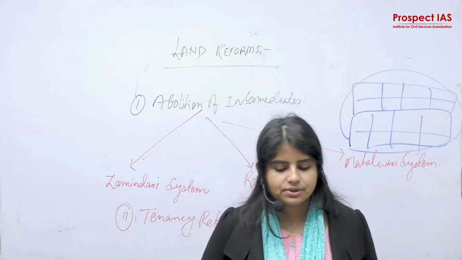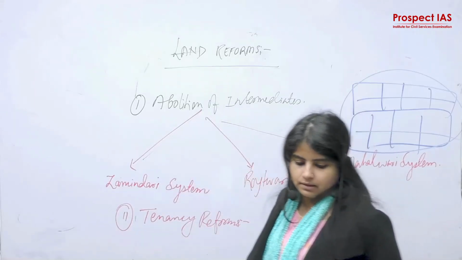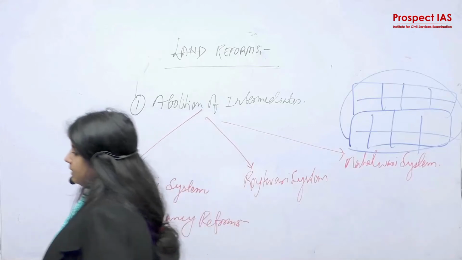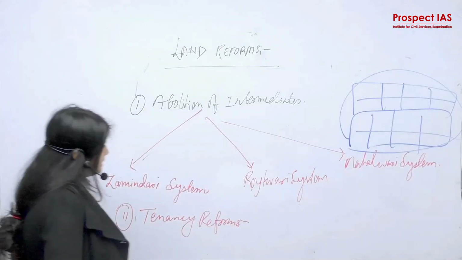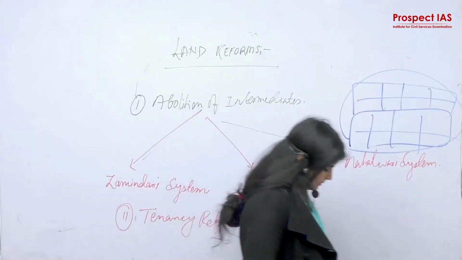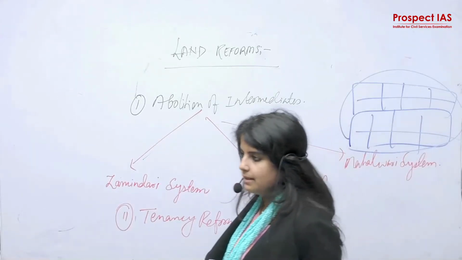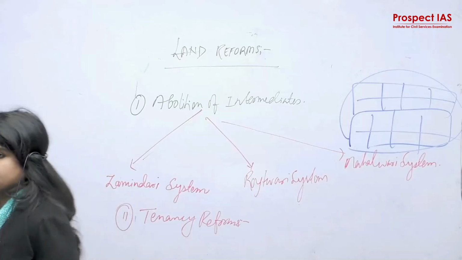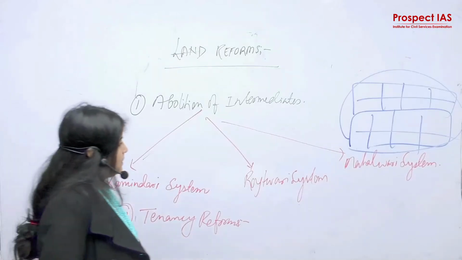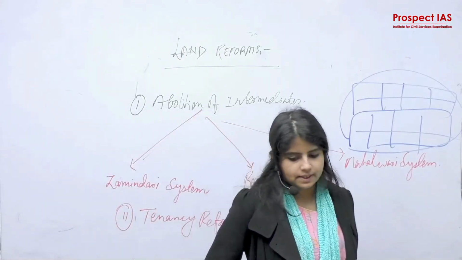Next, regulation of rents. The regulation of tenant rents on agricultural lands is taken care of by a regulatory body of government.